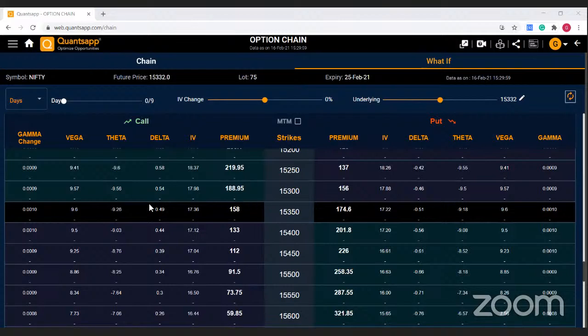So this is my at the money, which has been highlighted in black, which is very near to the spot price. In the money, which is highlighted in the green section, tells you that the option already has a portion of profit in it.